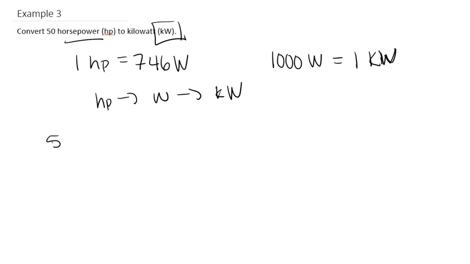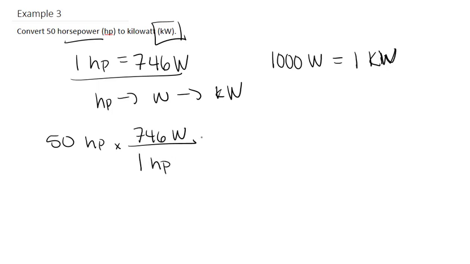So let's start with 50 horsepower. Now we need to use this conversion first. So we put 1 horsepower on the bottom, 746 watts on the top. Then we need to do one more multiplication. So we're going to put the watts on the bottom so we can get rid of this watts on the top here. So we put 1,000 watts here is equal to 1 kilowatt.